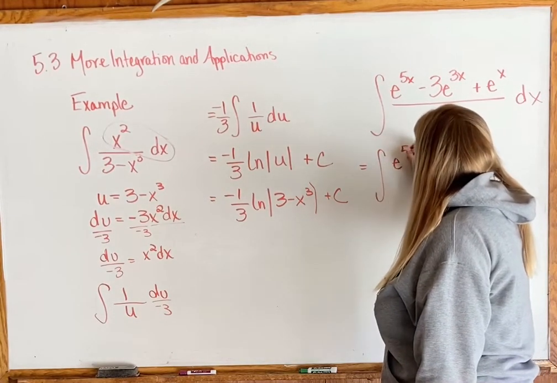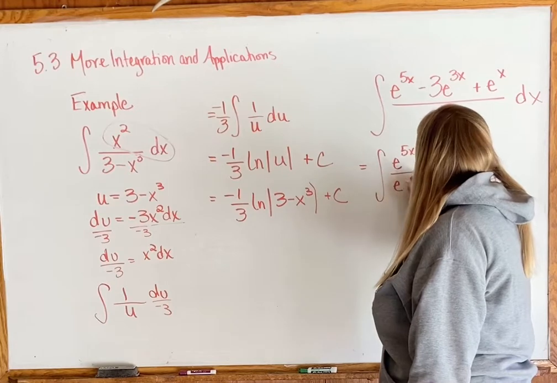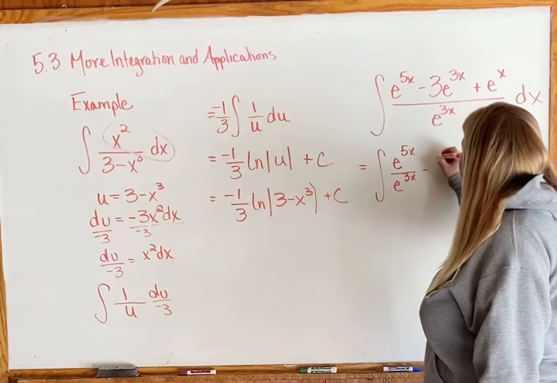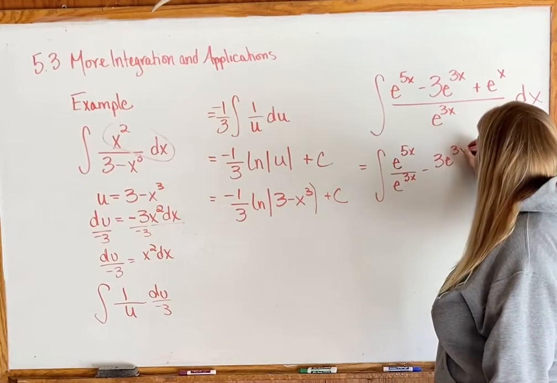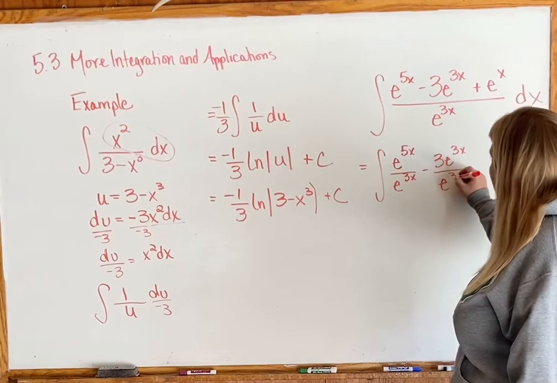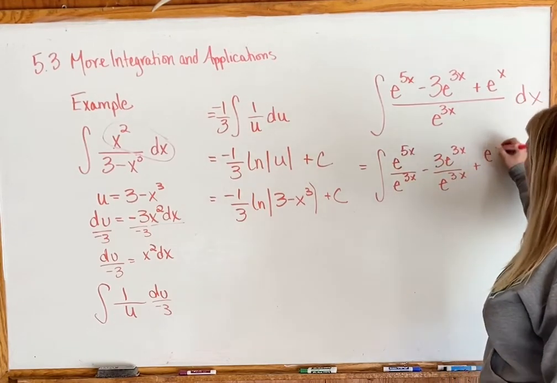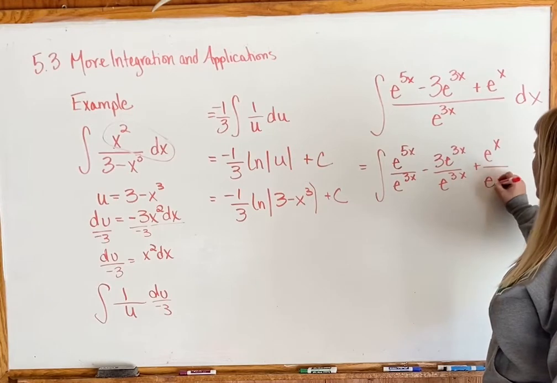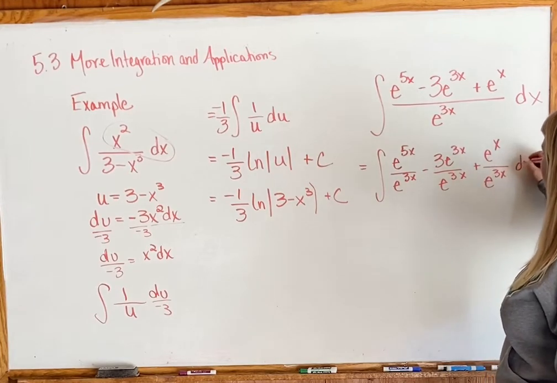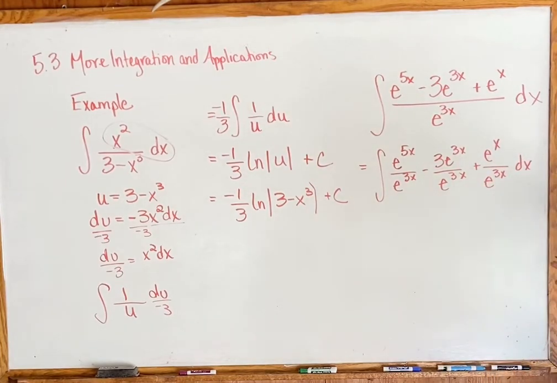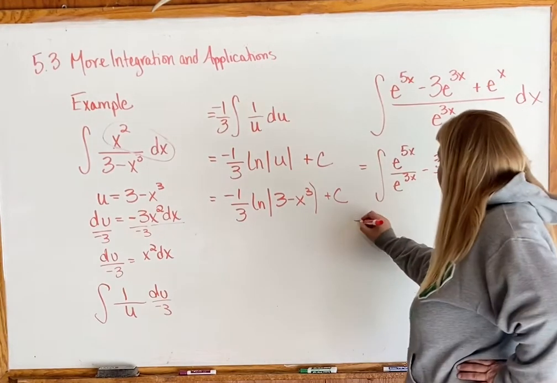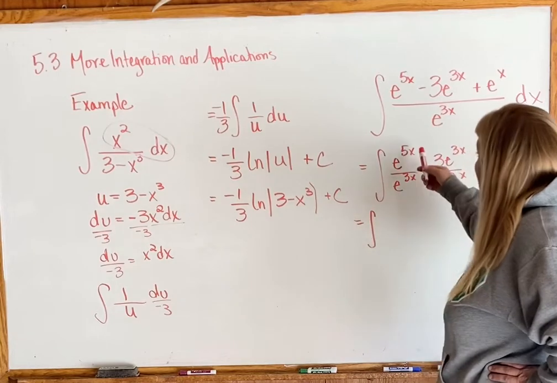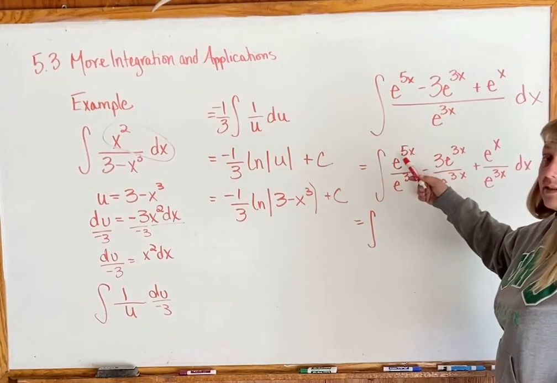So e to the 5x over e to the 3x, minus 3e to the 3x over e to the 3x, plus e to the x over e to the 3x dx. Now certainly it looks uglier here, but we can do some canceling, and that's going to get rid of our fractions for us. So either think about canceling or think about subtraction.